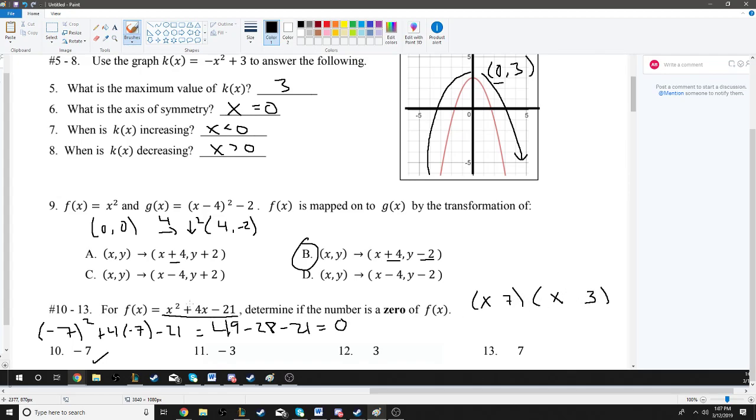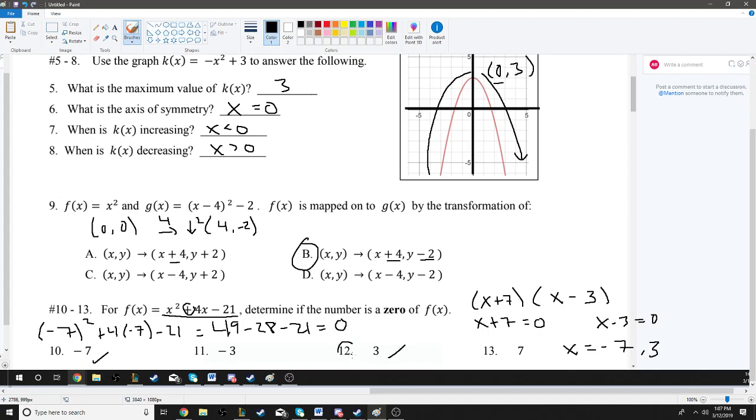And since the middle term right here is positive, that means the bigger number must be positive. So therefore, when you set them both equal to 0, x plus 7 equals 0, and x minus 3 equals 0, you get that your zeros are negative 7 and positive 3.